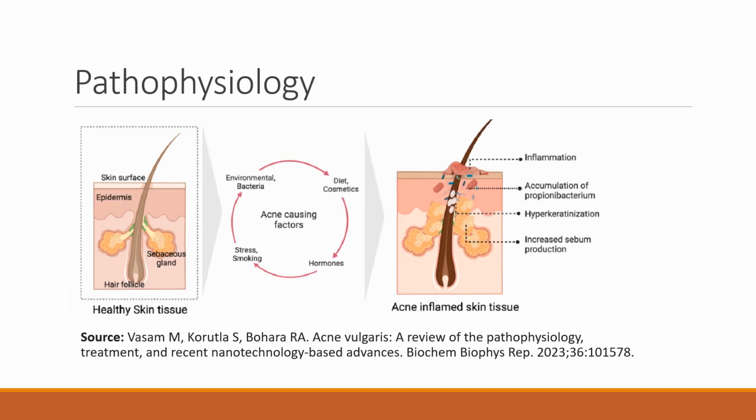Now, let's look at the pathophysiology of acne so that you can understand the treatments better. There are four classic features or hallmarks of acne. Firstly, increased sebum production creates a favorable nutrient-rich environment for Cutibacterium acnes, the acne-causing bacteria, to grow and thrive.